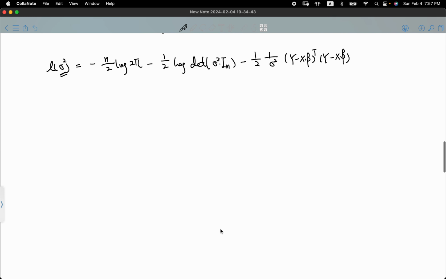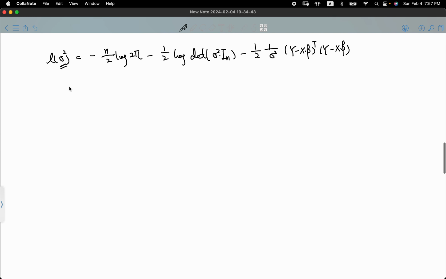Now let's work on solving for sigma. Maybe we can further simplify that.